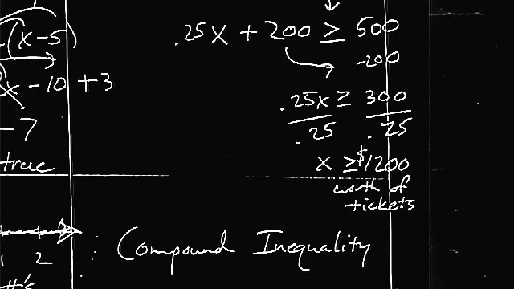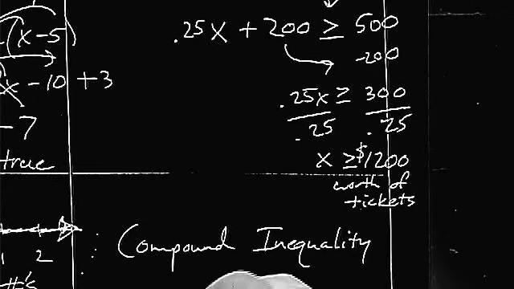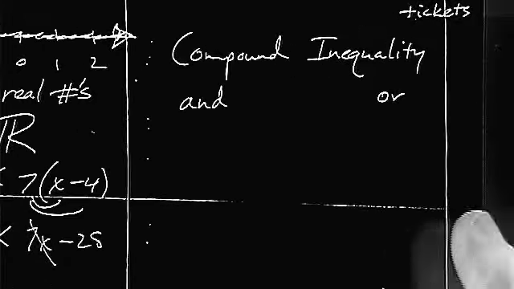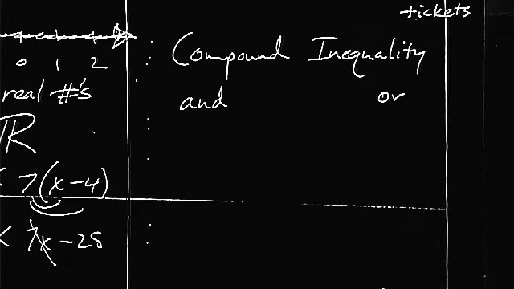The compound inequality is going to use one of two different words, the word and, or the word or. A compound inequality, just like a compound sentence, is when you put two different sentences together. This would be mathematical sentences, and we use one of these conjunctions, one of these connecting words as they use in your English classes.